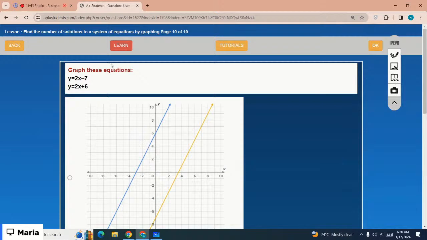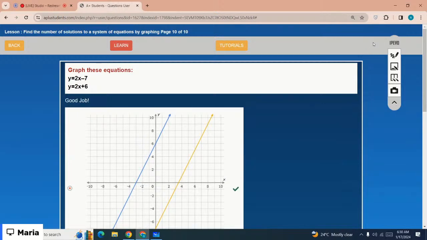You can see here for this one the y-intercept is negative 7, here is negative 7. For this one, the y-intercept is negative 6, here is negative 6. So this is the correct option. The lines are parallel, so the system has no solution, right?